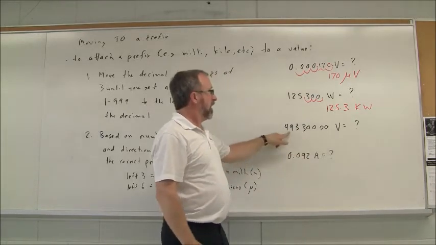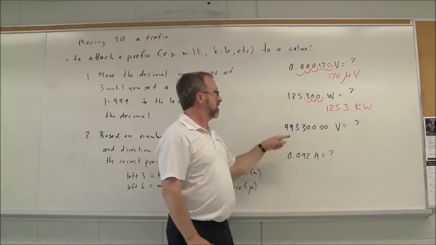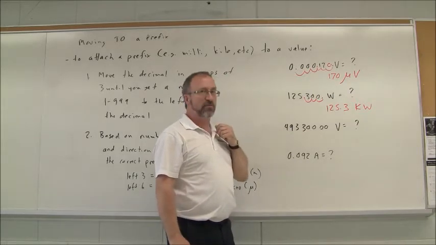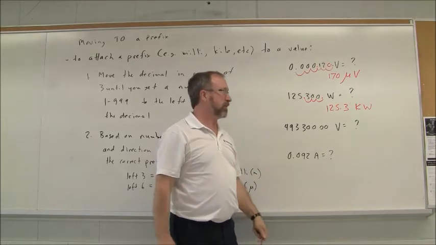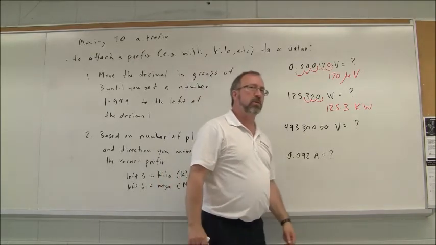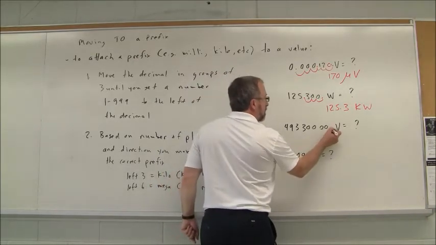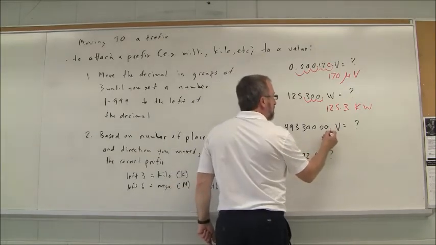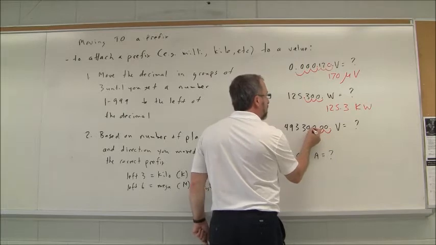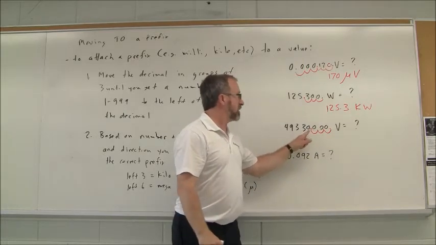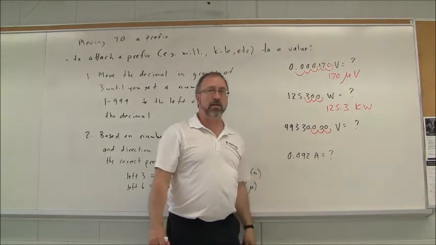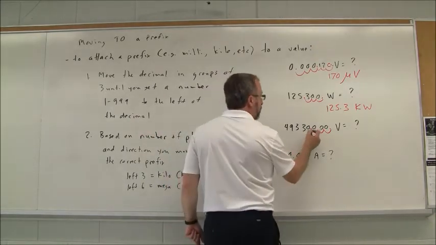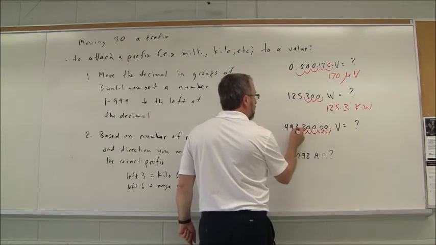Let's try another one. I've got this giant number here, a volt. What is it? 49,330,000 volts. That's a big and awkward number. Let's put a prefix on it. The decimal on that number is here. If I move it 3 places, 1, 2, 3. If I put the decimal there, the number to the left of the decimal is 49,330. That's not between 1 and 999, so I've got to go 3 more. 1, 2, 3.